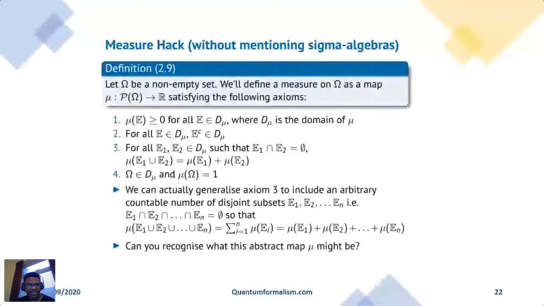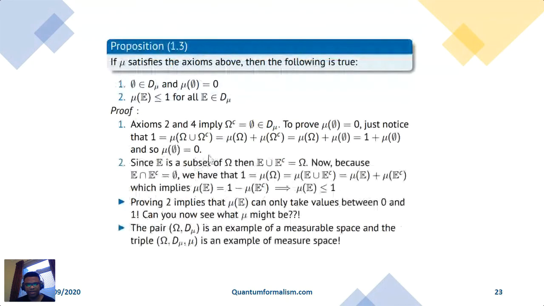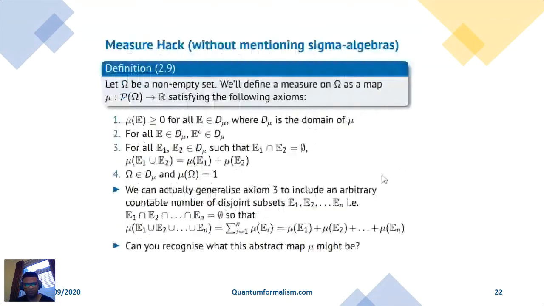The third axiom says that for all E1, E2 in the domain of mu such that their intersection is empty, so they are disjoint, mu of E1 union E2 equals the sum of the two parts, mu of E1 plus mu of E2. We can also generalize.